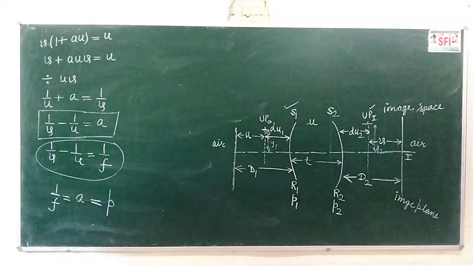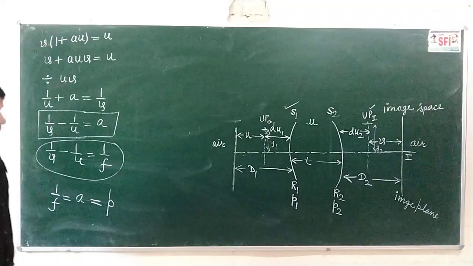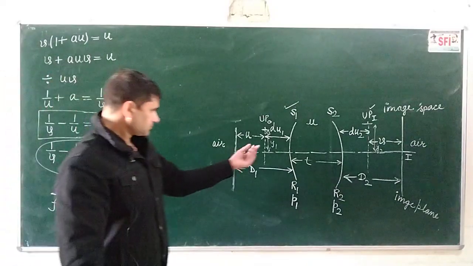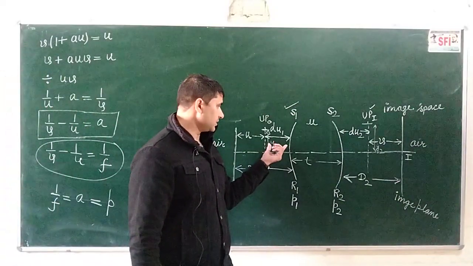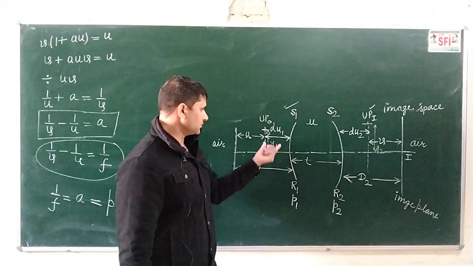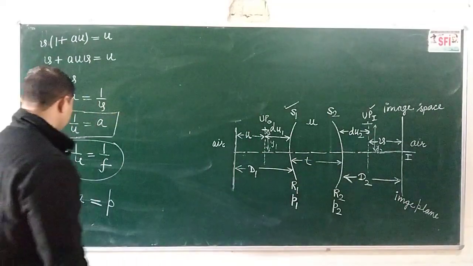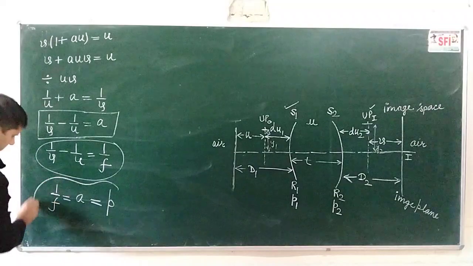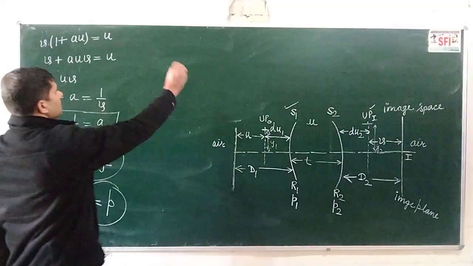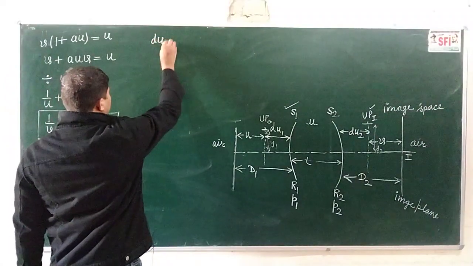Now we will discuss a little bit more the distances of the unit planes. We will determine du1 and du2, the distances of the first unit plane and second unit plane from the refracting surfaces. We will discuss this later for a thick lens. So we have calculated the value of du1.